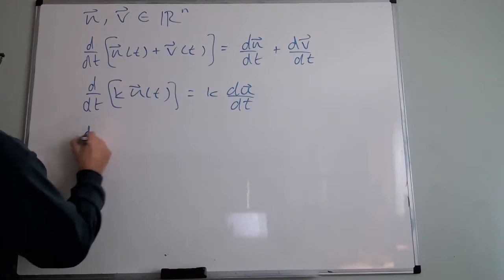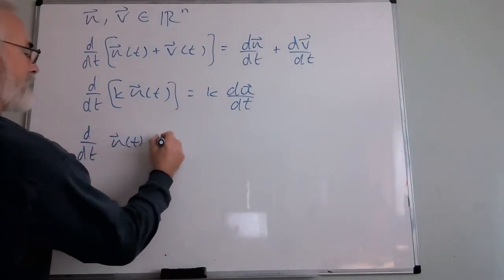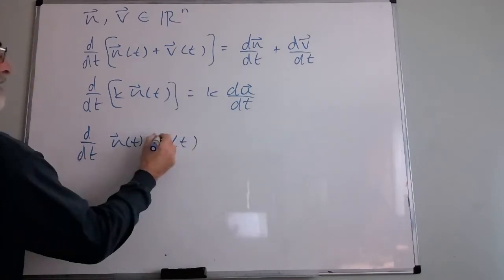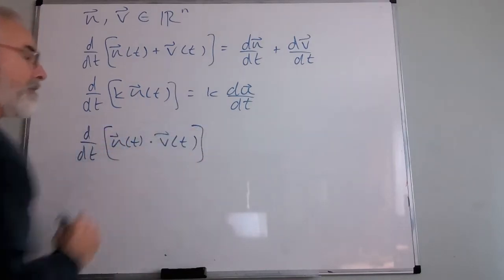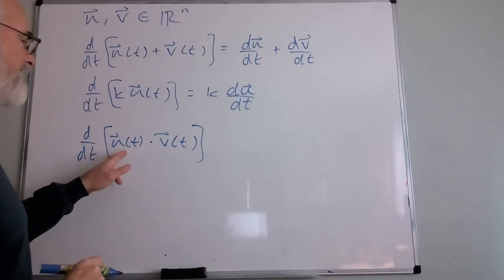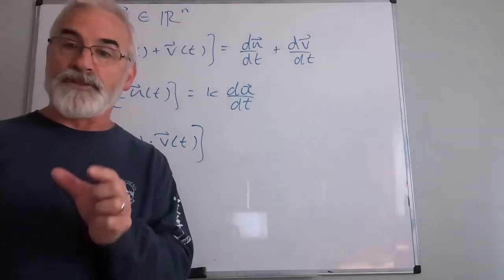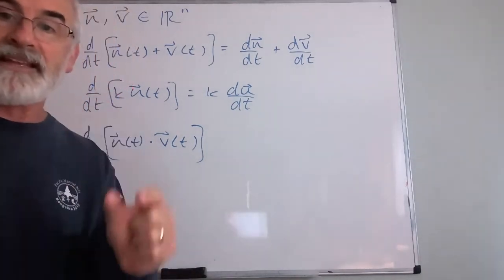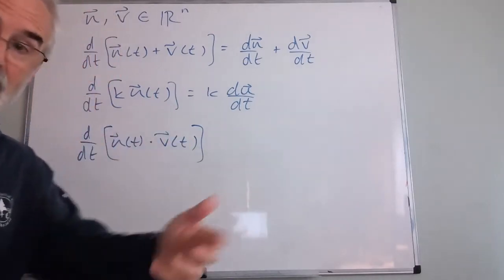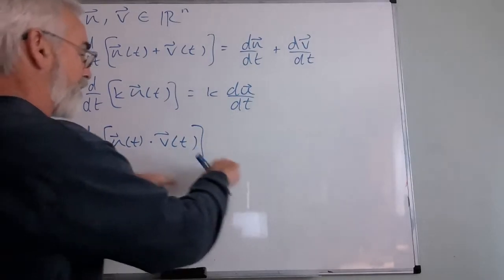So I want to take the derivative of u of t dotted with v of t, very specifically. Well, the beauty is, think of these as being vectors of functions. So if I do the vectors of functions, then what I have are the product in each position, then added up. So remember that the product of the first 2 positions plus the product of the second 2 and so on.